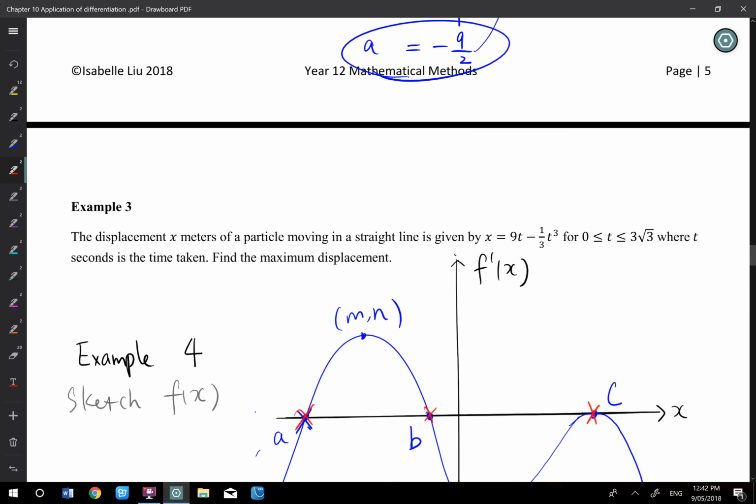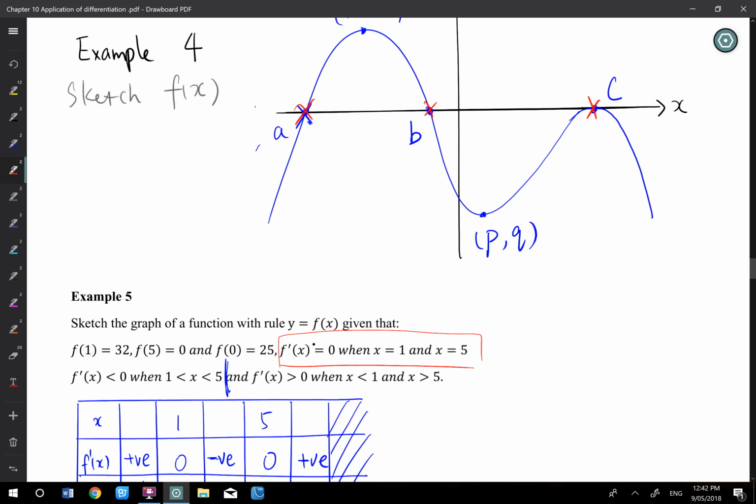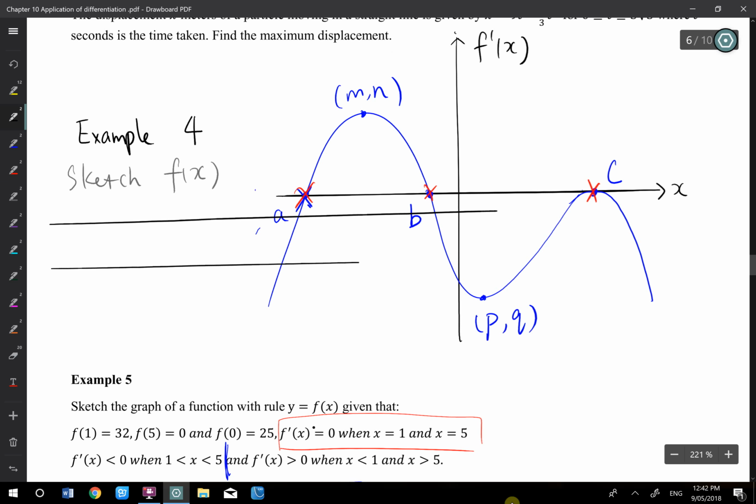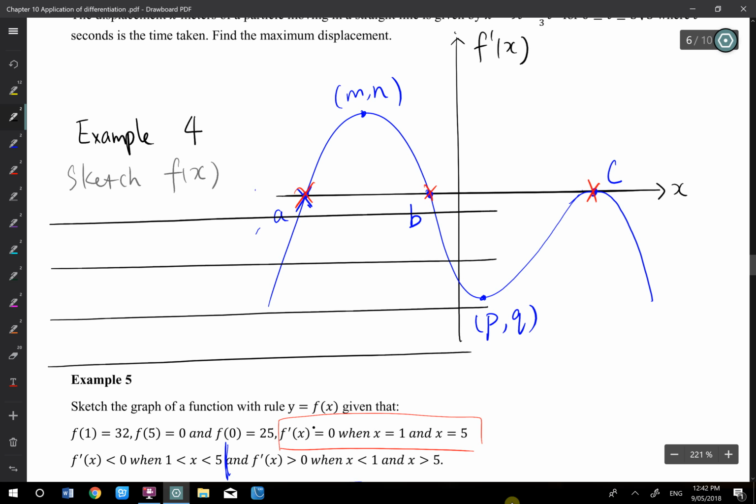Okay, I will set up the table. I don't know where I can draw the table. I drew it too big, so let's draw the table here. I have three stationary points. I have x, f dash x, and the graph of f x. The first one I have A, empty.